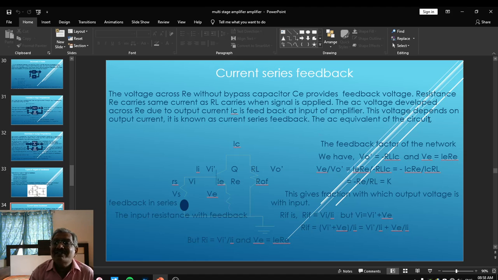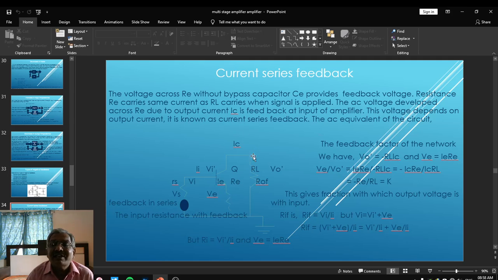The AC equivalent circuit of the same amplifier is represented here. Look here, the same transistor we have considered. Vs is the signal source to be amplified. Rs is its internal resistance. Vi is the input voltage without amplification. Ii is the input current to the base of the transistor. VE is the voltage developed across the emitter resistance Re.